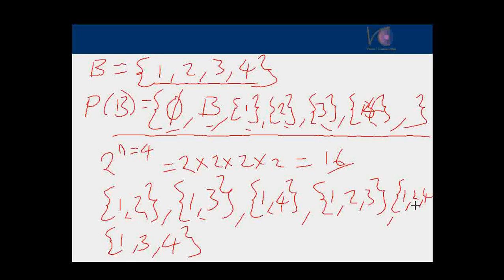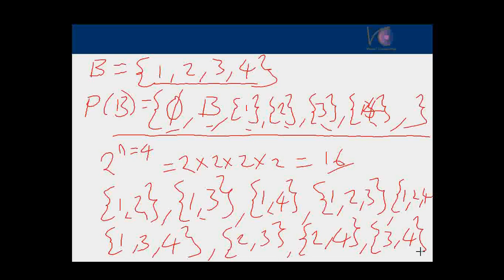So there are some more elements missing. We can go to the combinations of 2 and 3, 2 and 4: {2, 3}, we also have {2, 4}, and we can also have {3, 4}. Remember, you don't need to repeat the same combination of elements. How many so far? 1, 2, 3, 4, 5, 6, 7, 8, 9, 10, 11, 12, 13, 14, 15. There is one more missing.